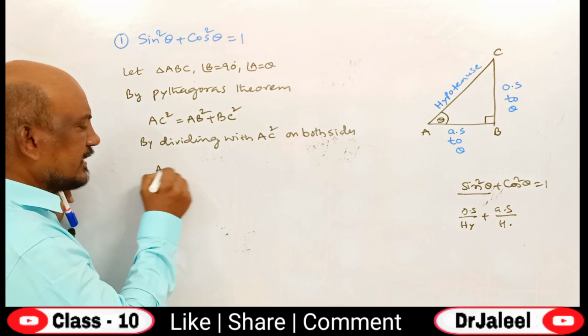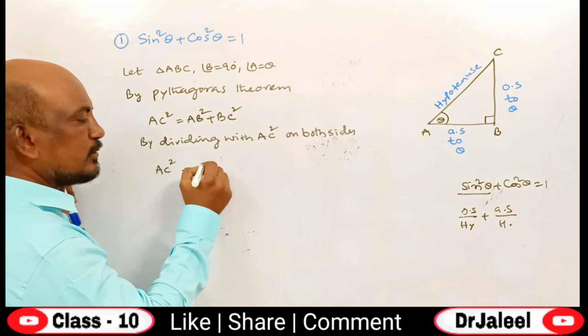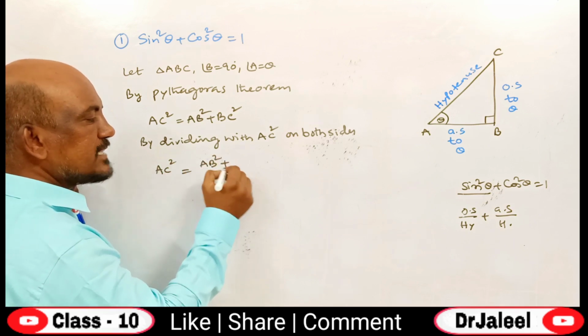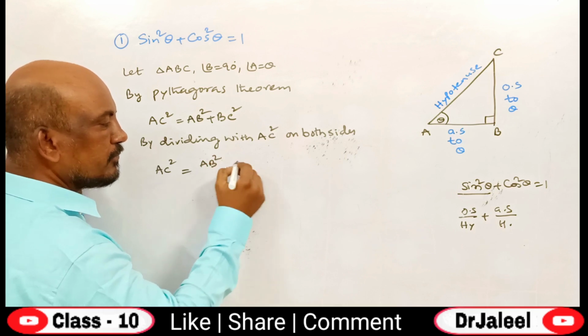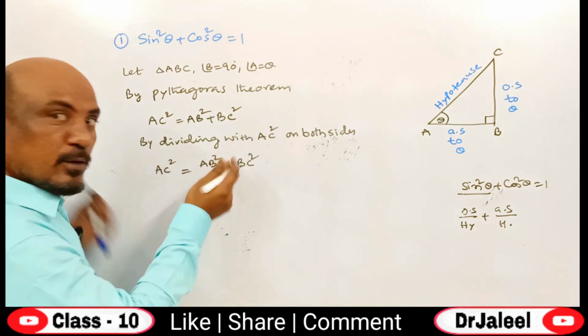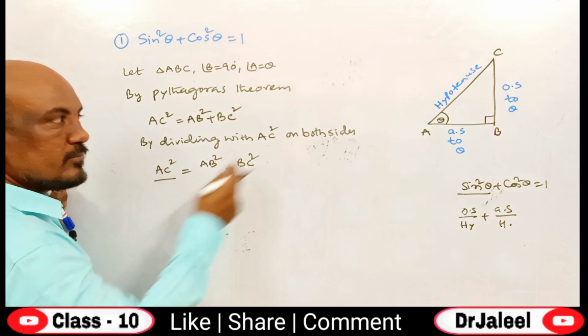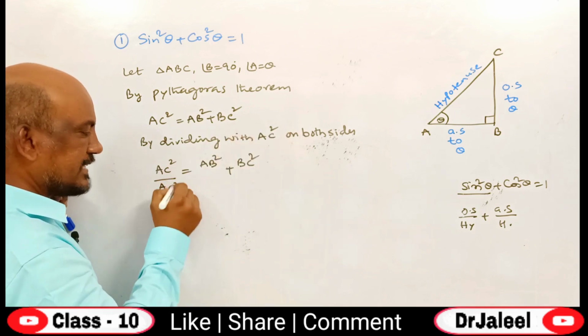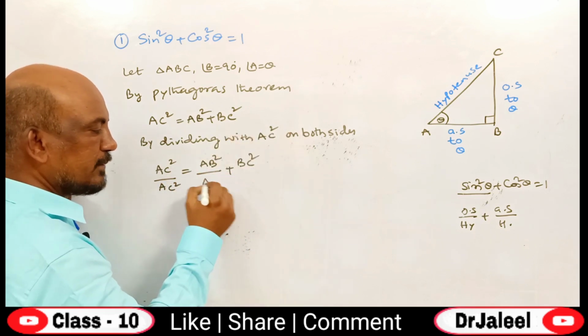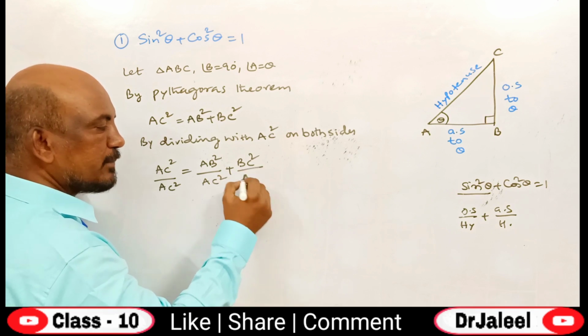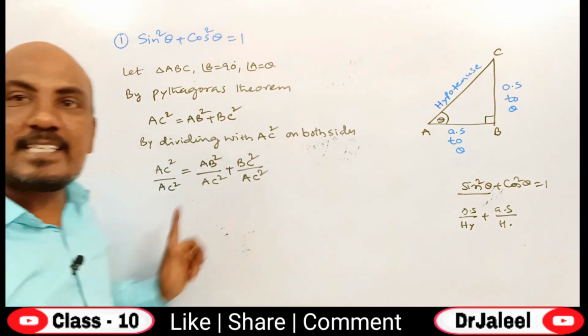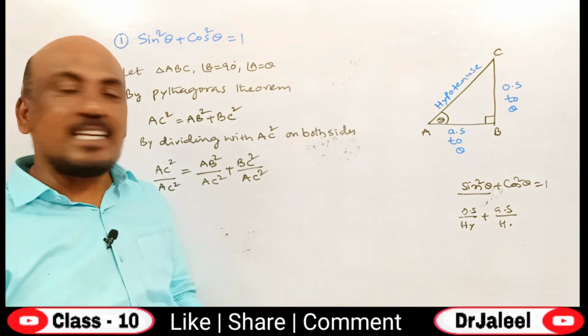So AC square is equal to AB square plus BC square. I am dividing both the sides with AC square: AC square by AC square is equal to AB square by AC square plus BC square by AC square.